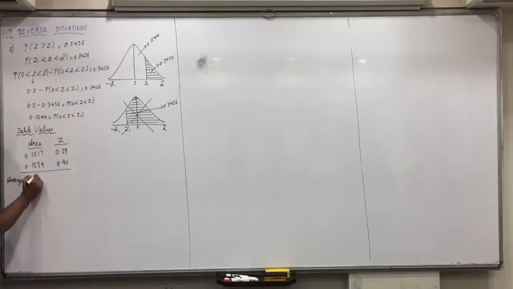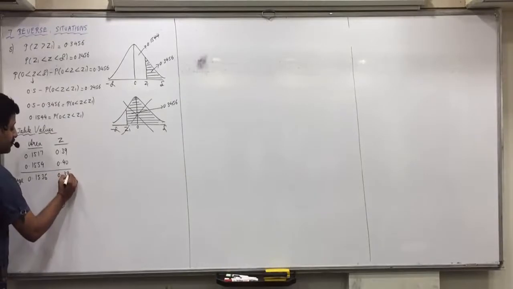Now the average: 0.1517 plus 0.1554 divided by 2 is 0.15355, so 0.1536. Do you all get that? And this is 0.395.